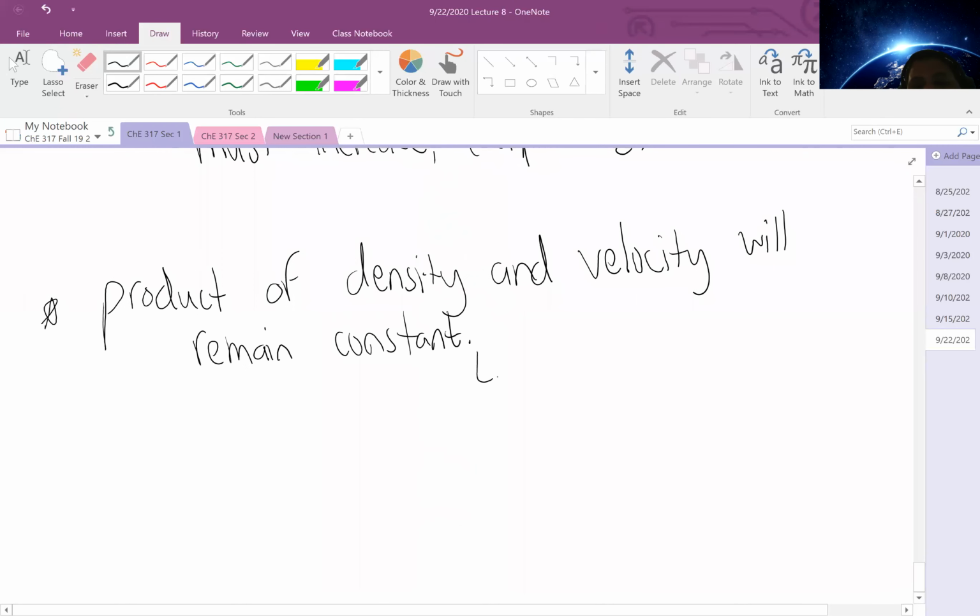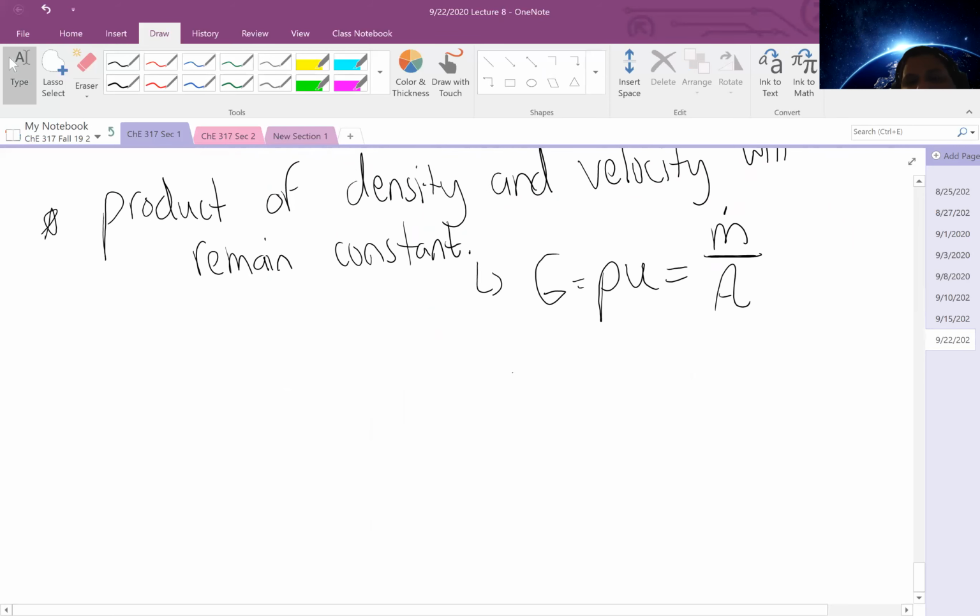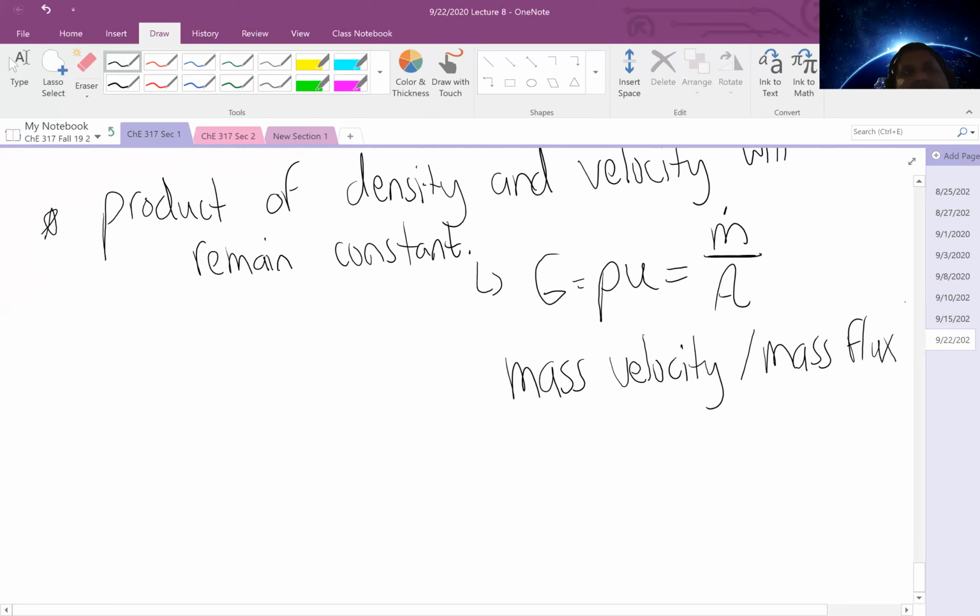Which we can quantify as a new term known as G, which is a product of density and velocity. You can also think of it in terms of mass flow rate divided by the flow area. And so it has two different terms that you can qualify it, call it the mass velocity, or we can call it the mass flux, because it essentially is the flux of a mass flow rate in a system.